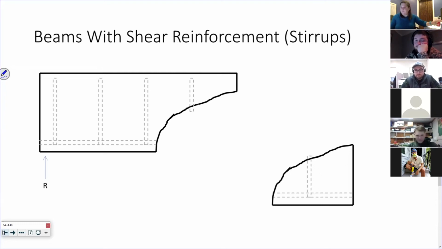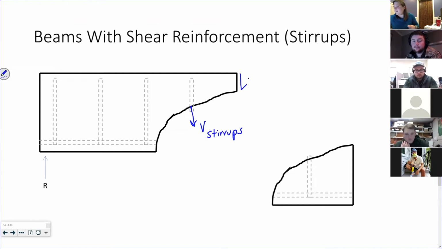Basically, now that you have the shear reinforcement, that's going to take up, that's going to provide your shear strength.